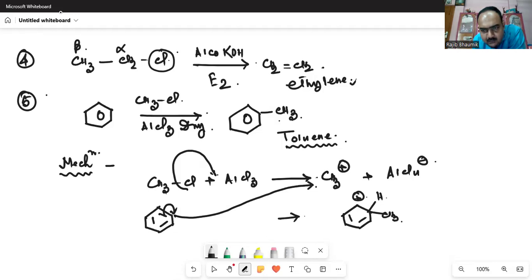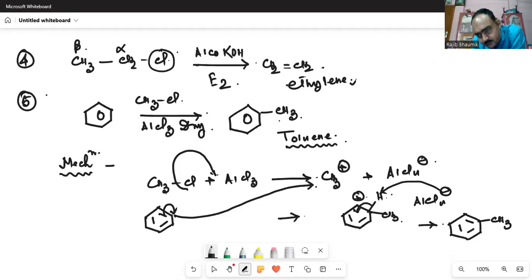So this compound looks like this. AlCl4 minus will attract the proton and it undergoes re-aromatization. This step is very important. Re-aromatization is very important. So this is question number 5.